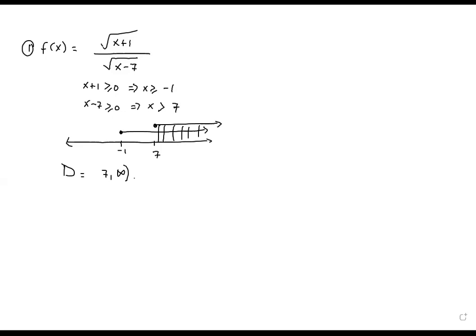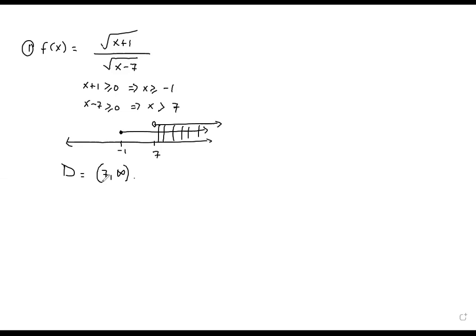Meaning that the top part there will be open, so the domain also must be open. Why? Because we don't allow a 0 in the denominator. Okay. Yeah.